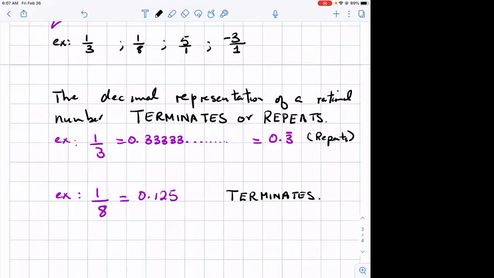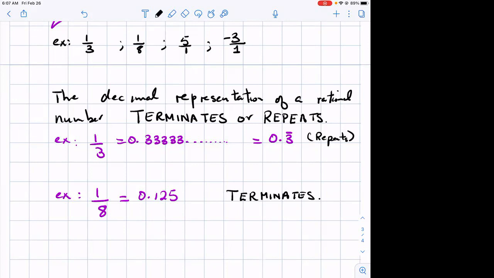So when the number has an end, it terminates. For example, 1/2 is just 0.5. There's no other decimal after the 5. 3/4 is 0.75.